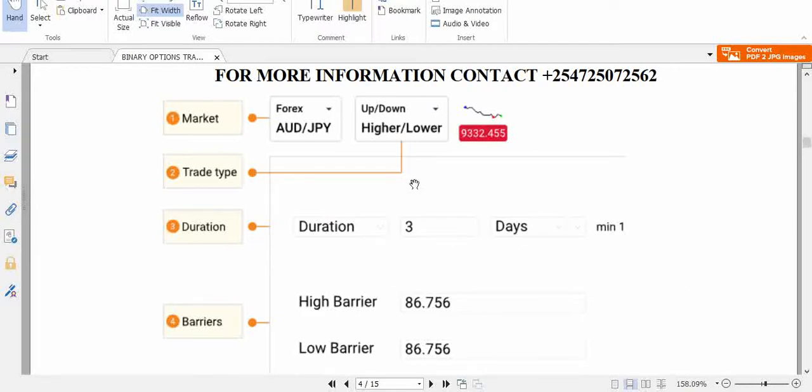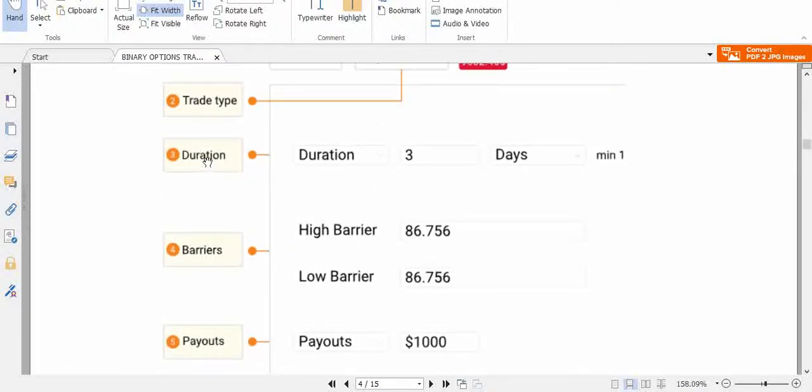This section is showing a manual trade. I'll also show you how it looks on the bot side. So this is the market, where you choose the market. If it's forex, you do that, but I told you I personally concentrate on synthetic indices. So you do selection of the market. After the market, you go to the trade type.